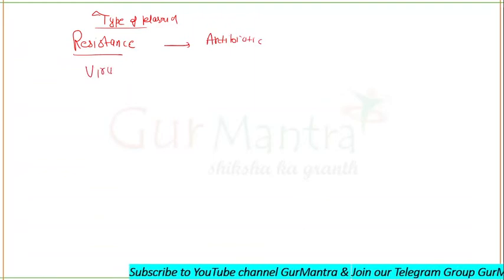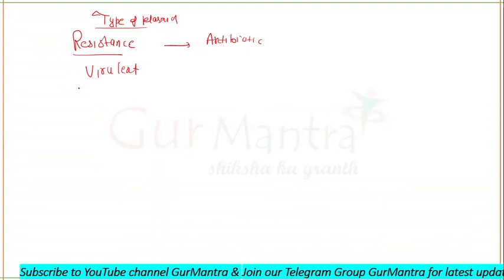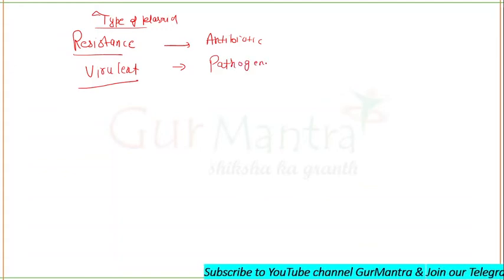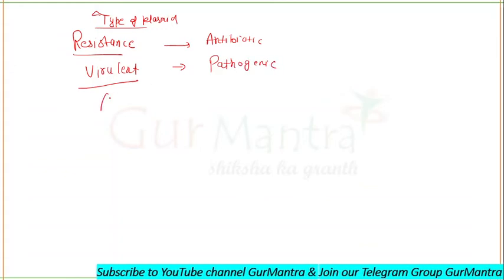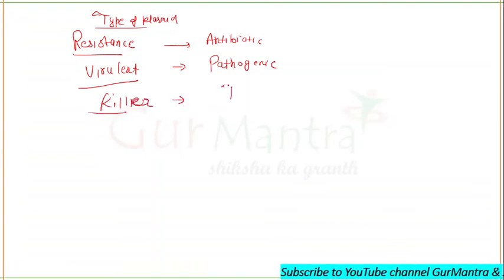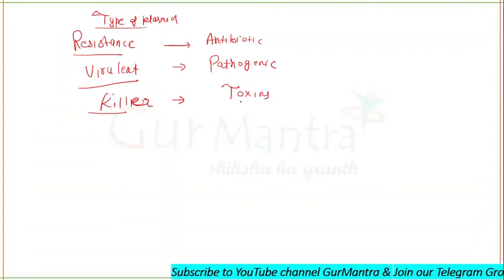Virulence: if the plasmid is virulent, its function will be pathogenic. Okay, if it is a killer, what will be the function? It will synthesize toxins and kill other bacteria.